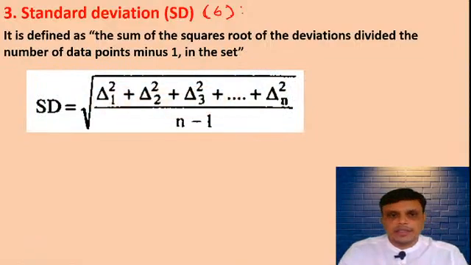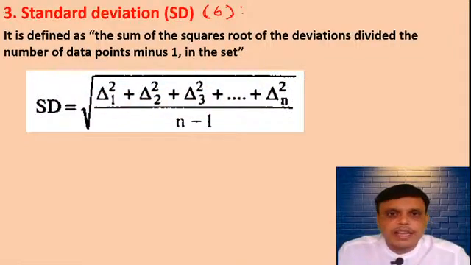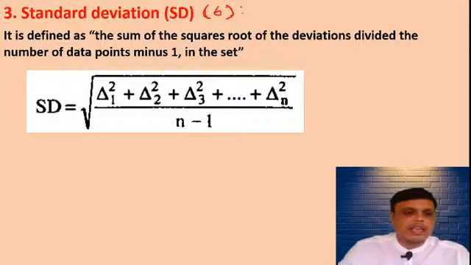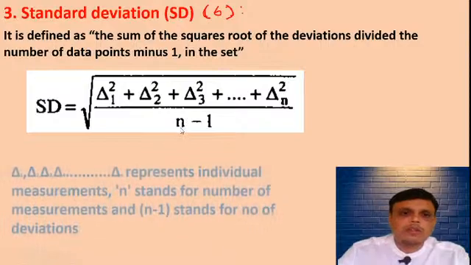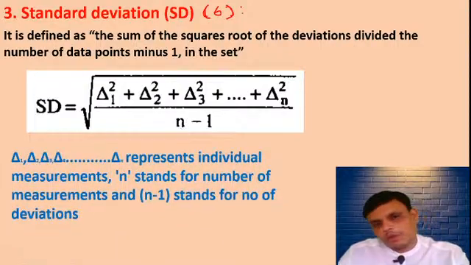Just see the formula. From the formula you will get a clear idea. SD is equal to the square root of del 1 square plus del 2 square plus del 3 square up to del n square, and you divide this value by n minus 1. n is the number of data points or data sets.